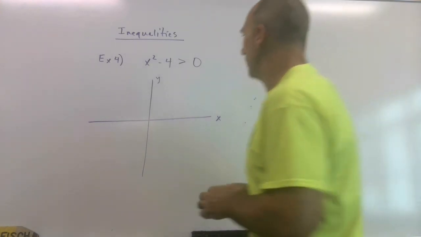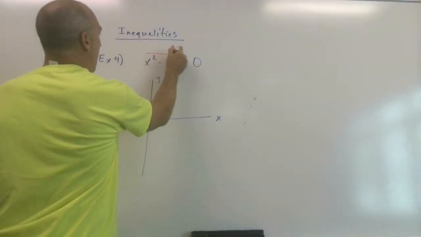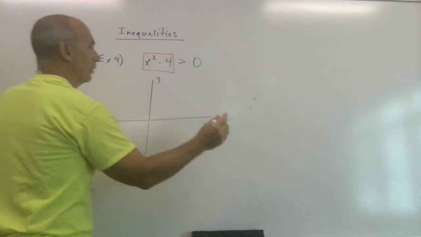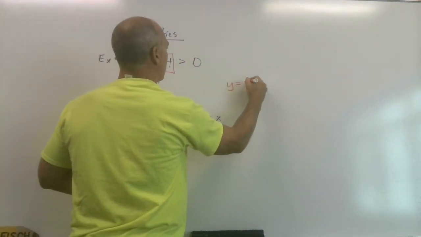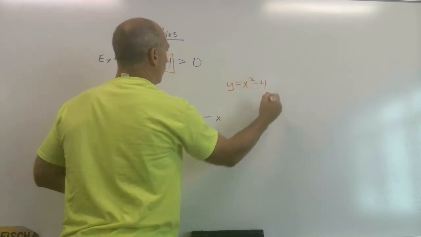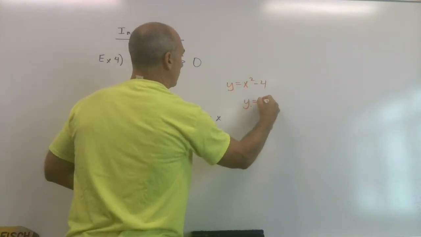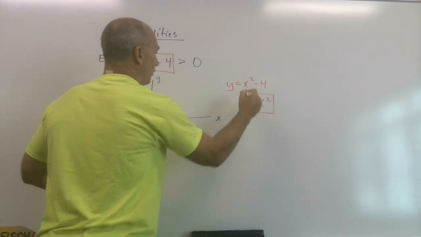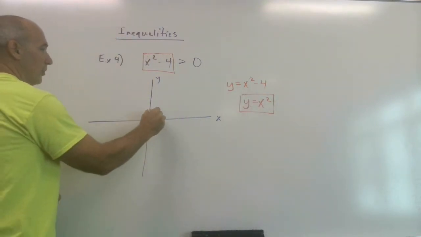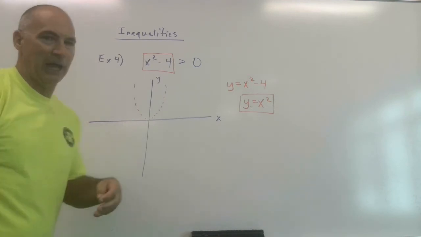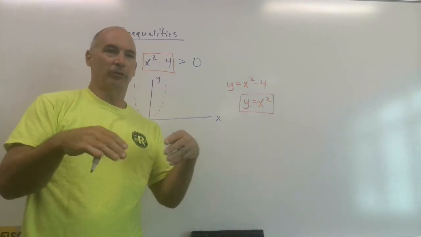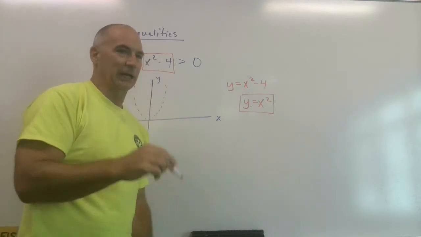So if we think about this as a graph, this portion, we would think, that is y equals x squared minus 4. Now the parent function is y equals x squared, if you remember all that stuff, which is right here. And yes, you definitely can use decimals to do all of this, but again, I got to show you some things.